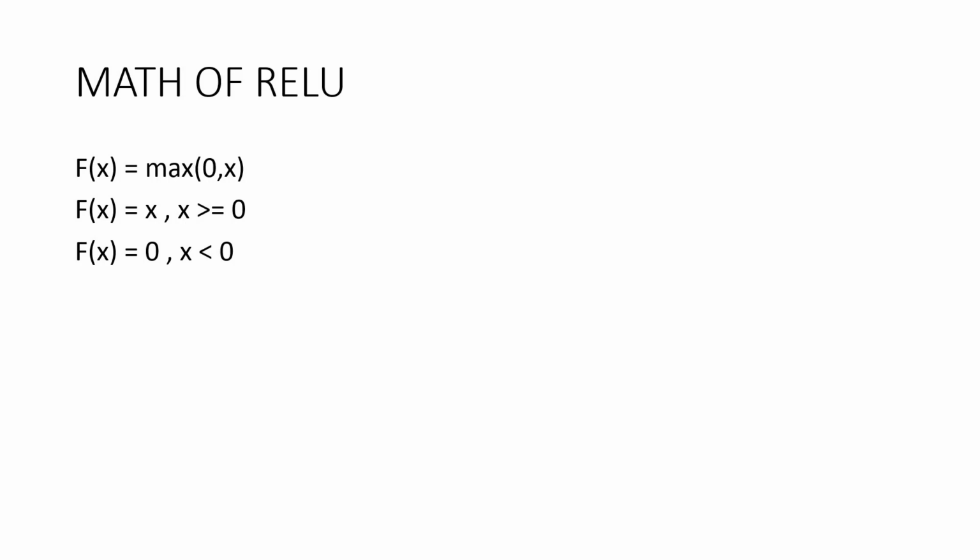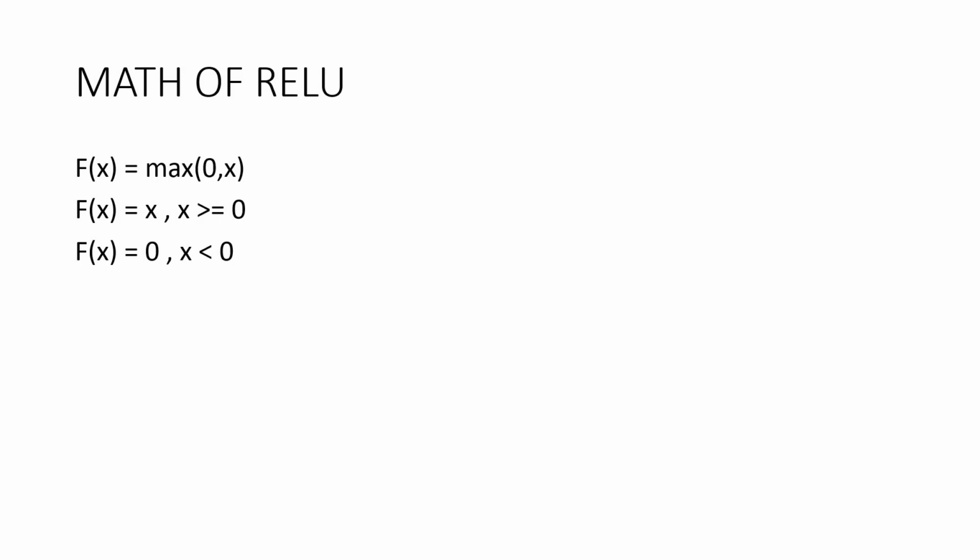For the negative input values, the result is 0. That means the neurons does not get activated. Since only a certain number of neurons are activated, the ReLU function is far more computationally efficient when compared to the sigmoid and tanh function.